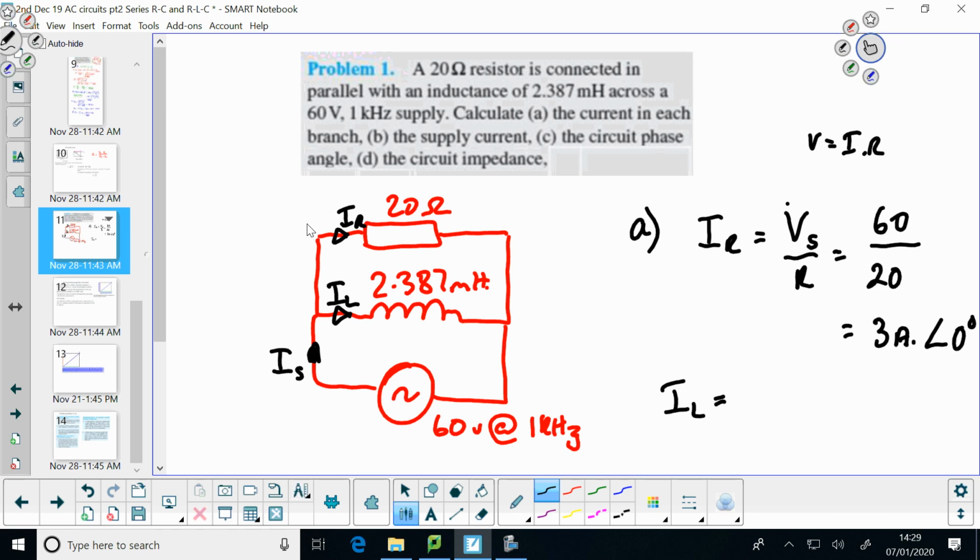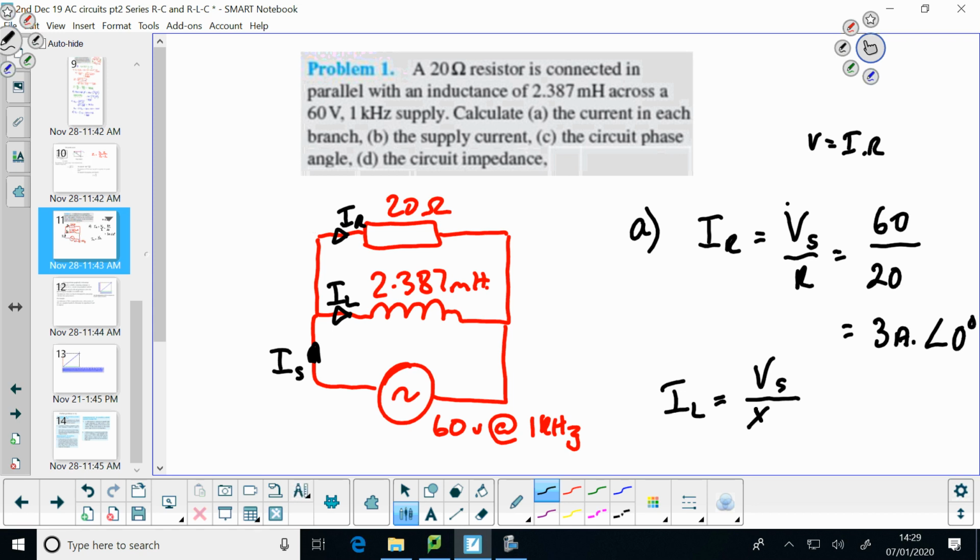Well, if we use Ohm's law again, we must have Vs. But what's the equivalent term of R for a resistor when we talk about an inductor? Still measured in ohms.